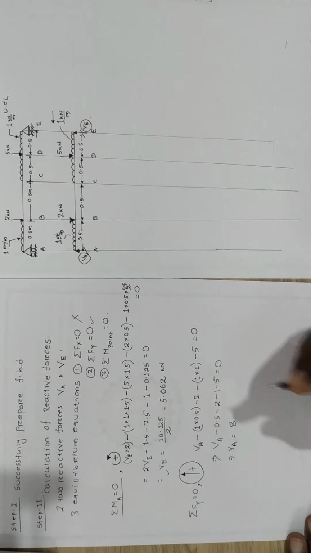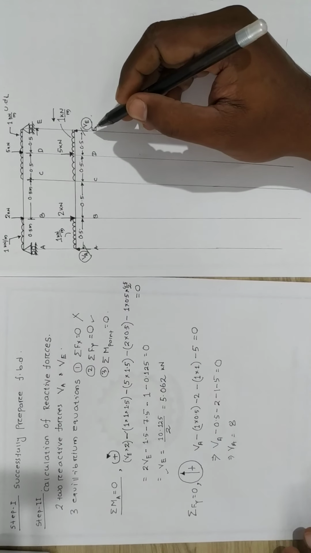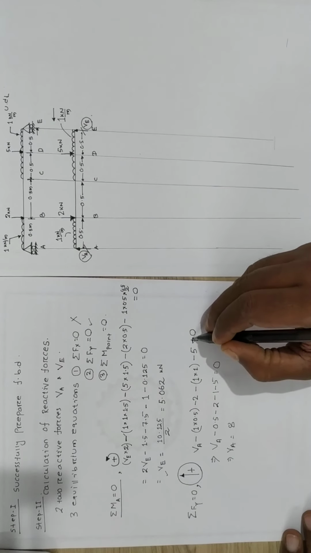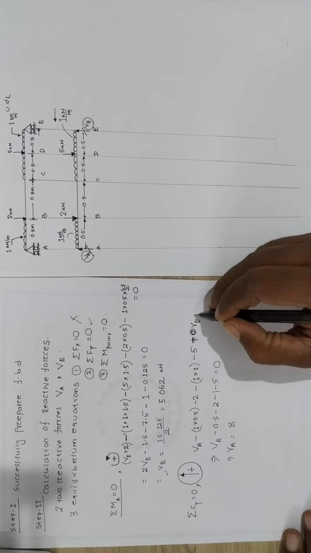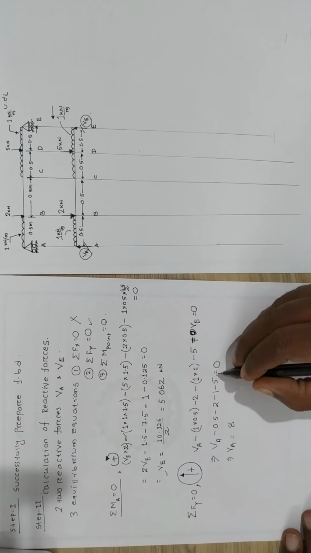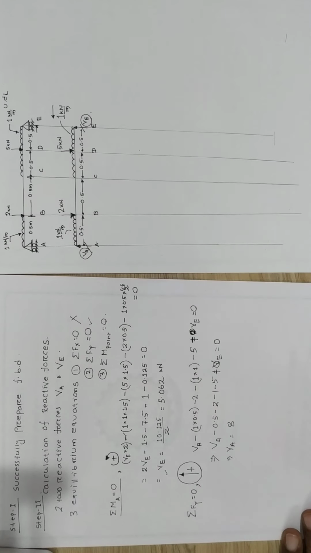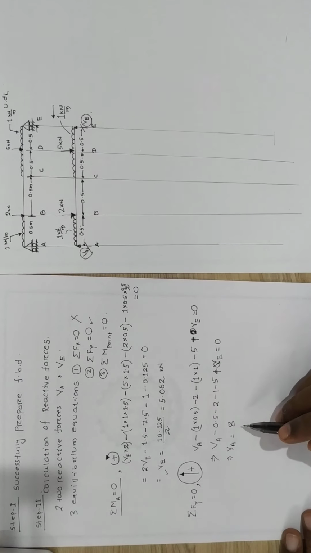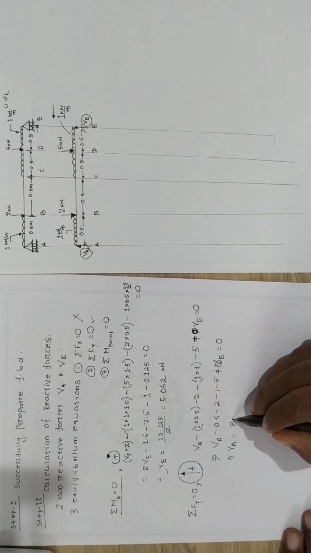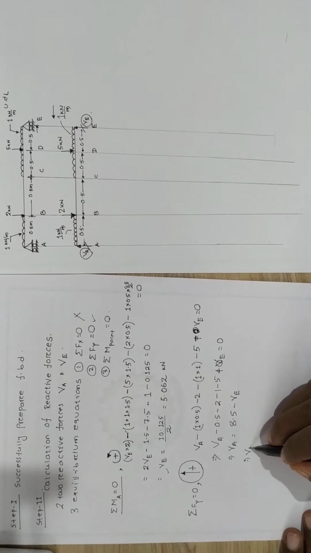Another reactive force I was forgetting, this will be VE. So the equation is VA plus VE minus 8.5 equal to 0. Here you see 5 plus 1 is 6, plus 2 is 8.5. So VA will be 8.5 minus VE.